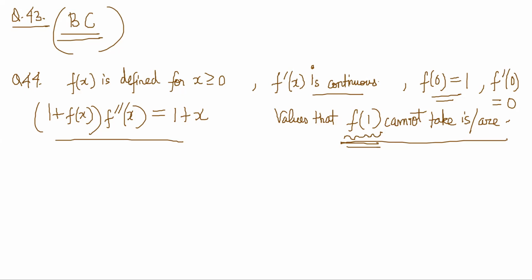The derivative is continuous. f of 0 is 1, and slope is 0.